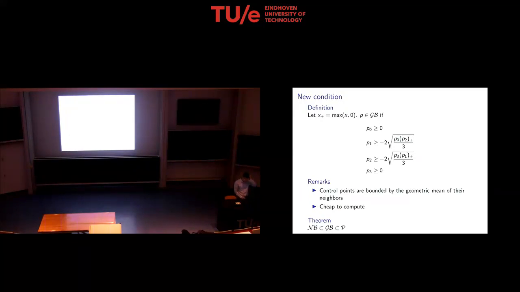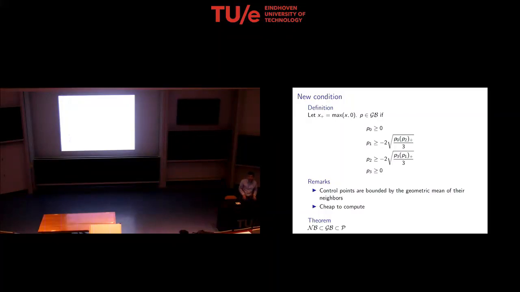And this condition wouldn't be very useful if it didn't imply that the polynomial is non-negative. So the theorem says two things. It says that every polynomial you can show is positive by this classical non-negative Bernstein method of taking the control points and checking that they're non-negative, you also would get is non-negative with this property.